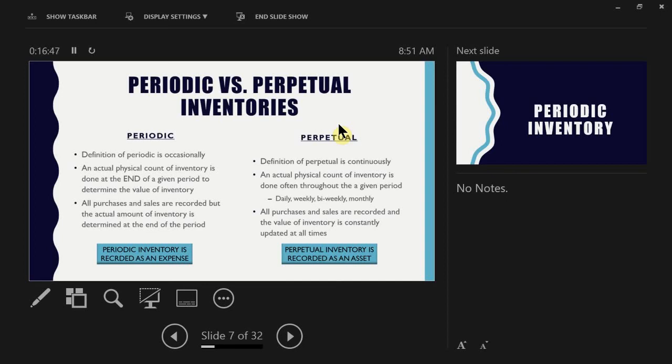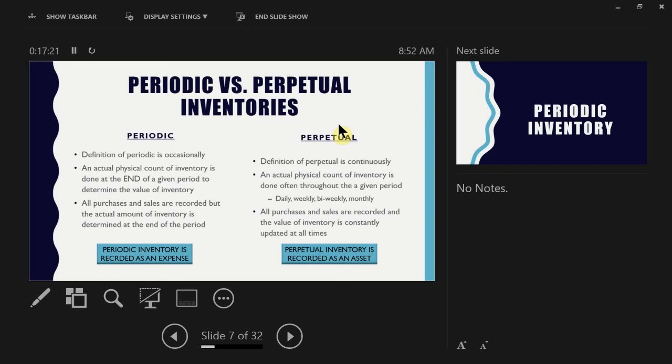Whereas when you're dealing with perpetual inventory, when you make the purchase, it goes straight and directly into inventory. So again, periodic is a purchase expense, an expense to the company, whereas perpetual is a straight inventory item. It's an asset.